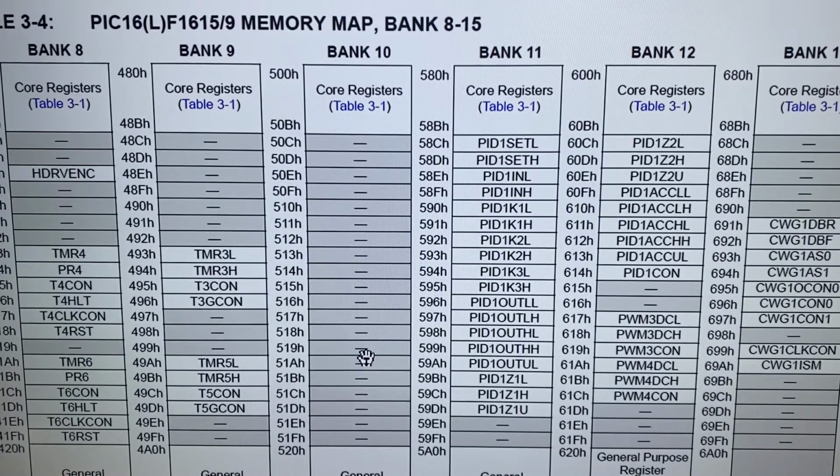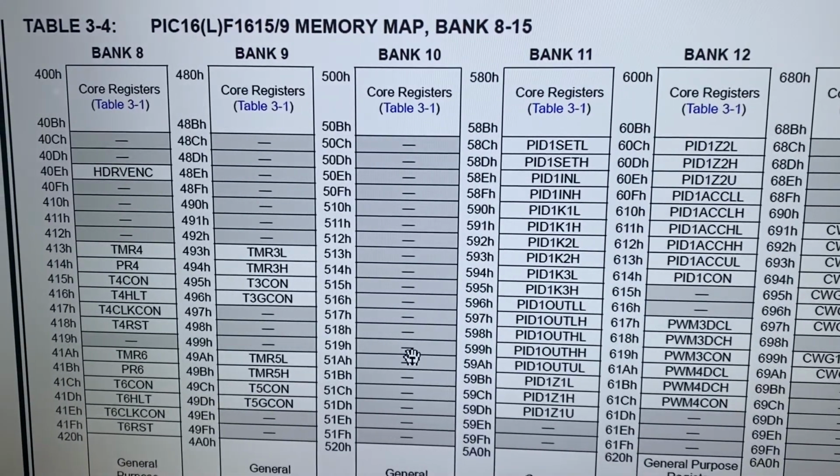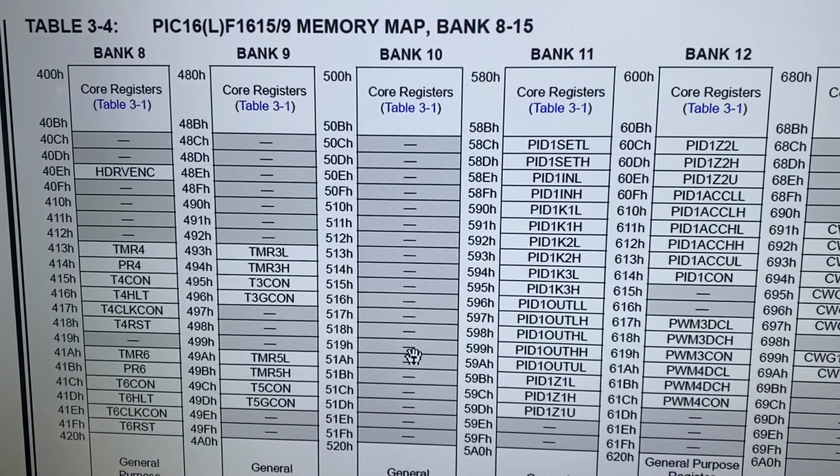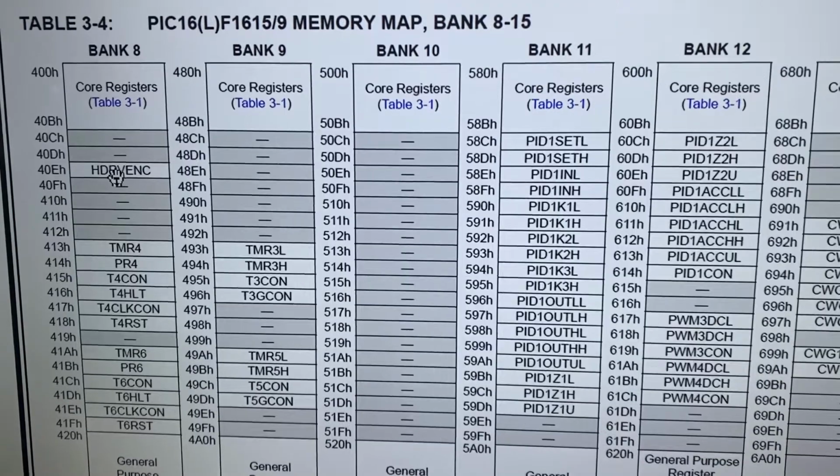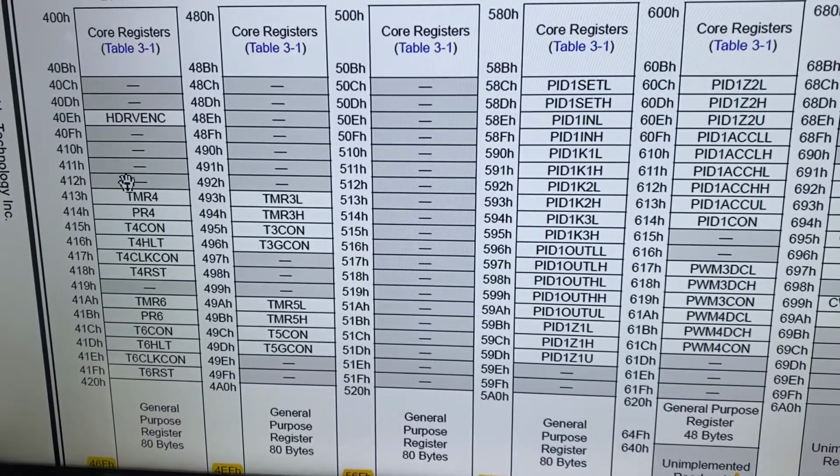If we see other banks, like bank 8 through bank 15 on this page, you can see other registers that allow you to configure timer 4, timer 5, timer 3, and the PID, proportional integral derivative system.